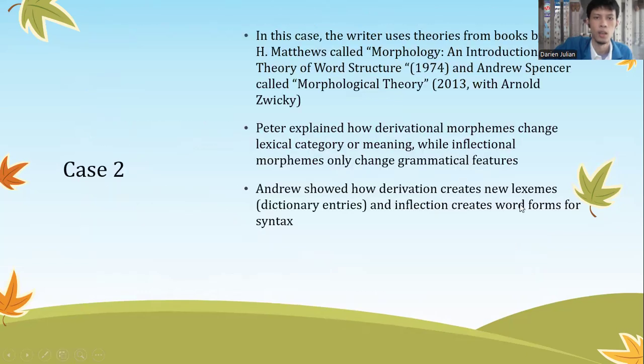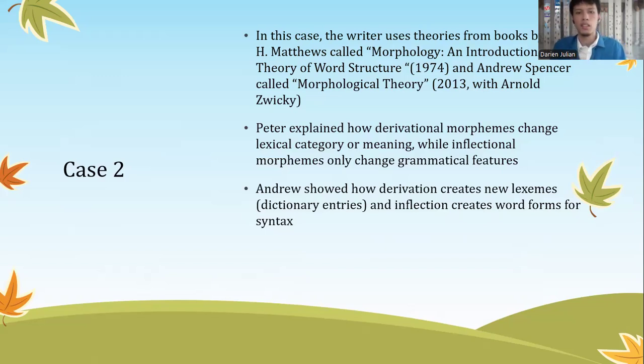Next is case 2. In this case, the writer uses theories from books by Peter H. Matthews called Morphology: An Introduction to the Theory of Word Structure, established 1974, and Andrew Spencer called Morphological Theory, established 2013, with Arnold Zwicky.